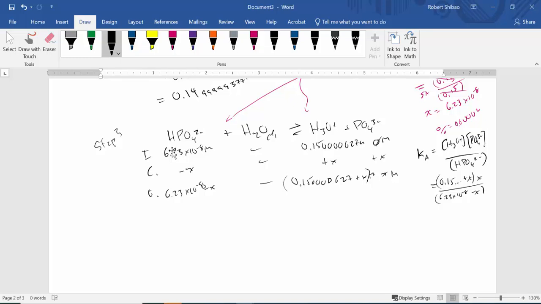This might not be so bad because Ka, what is the Ka value here for monohydrogen phosphate? What does it say? 2.2 times 10 to the minus 13. What do you think of that number?